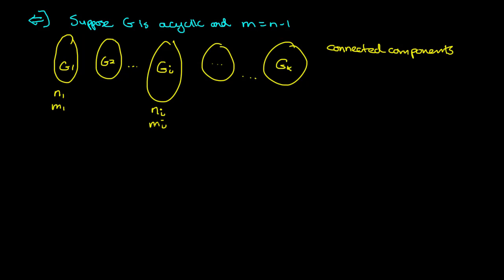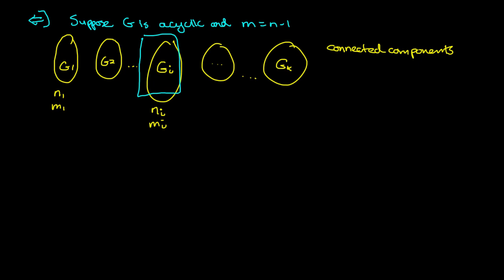And now I'd like you to think very carefully about a single component GI. What do we know about this component? Well, it has Ni vertices and Mi edges. Fine. It's acyclic, and oh, it's connected because it's by definition one of these connected components. So that's great.